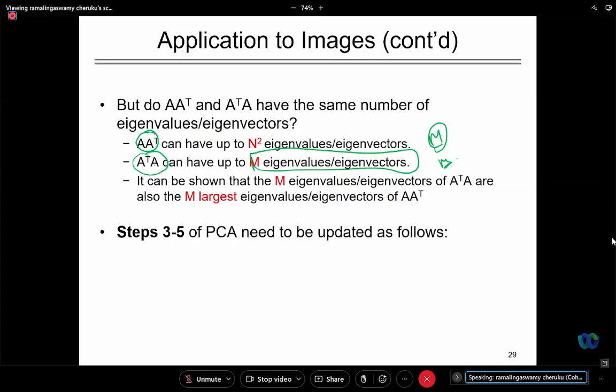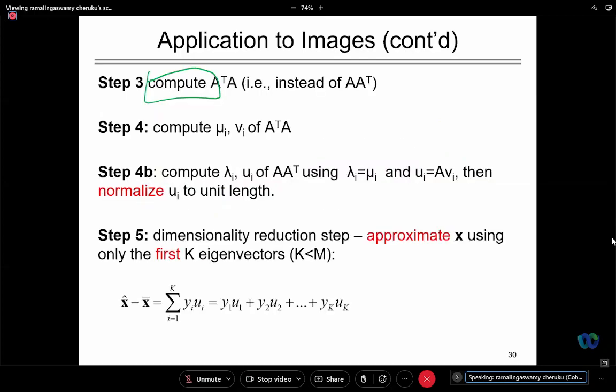Of course, we want the same m eigenvectors. Those eigenvectors we can obtain from A transpose into A instead of A into A transpose, because A into A transpose has dimensionality n square by n square, and it is very expensive to compute.